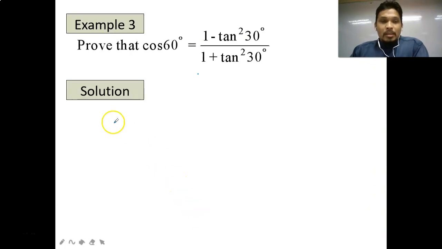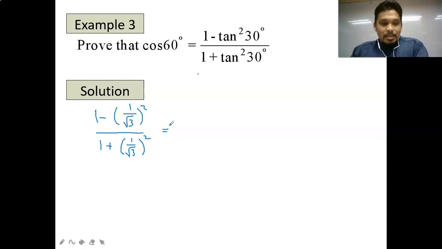So then from here, we're going to come up with 1 minus tangent squared 30 degrees over 1 plus tangent squared 30 degrees, which is 1 minus (1 divided by square root of 3) squared, divided by 1 plus (1 divided by square root of 3) squared.